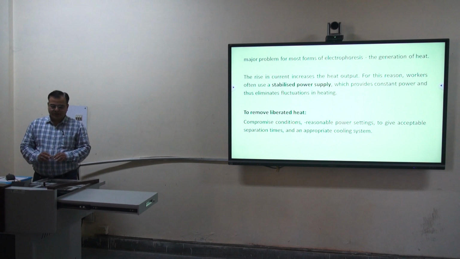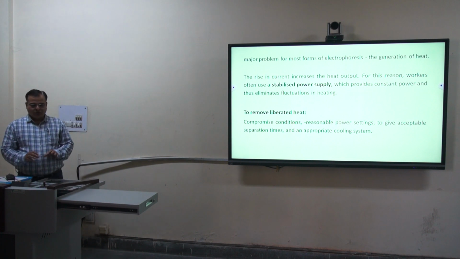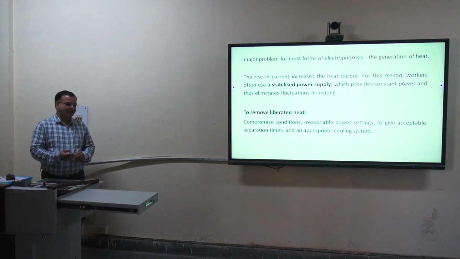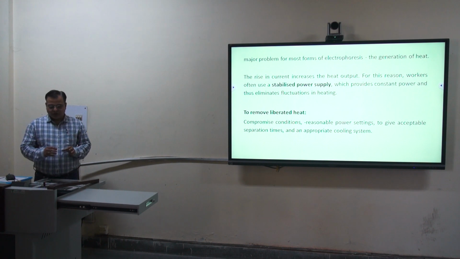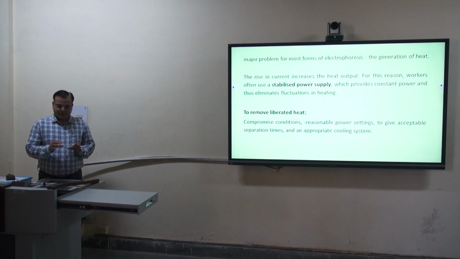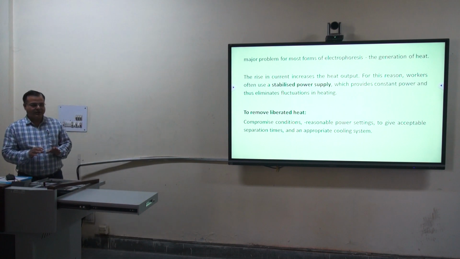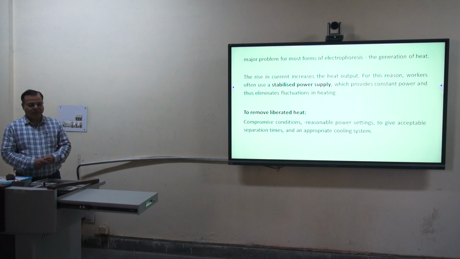To minimize it, we have to take different measures: we have to provide a constant power supply, we have to compromise with the time taken to run the gel, and some appropriate cooling system should also be used. These 2-3 measures are important in order to minimize the heating problem.